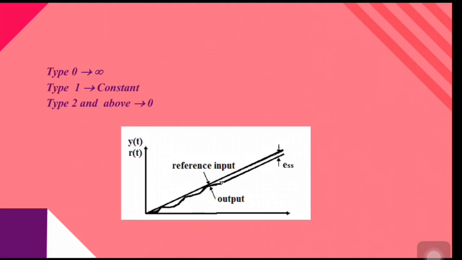Hope it is clear. A constant steady state error for ramp signal is illustrated in this figure. This is our reference input and this is our output. At this region, you can see a constant difference between reference input and output, or a constant steady state error. Alright, switching focus to next topic.